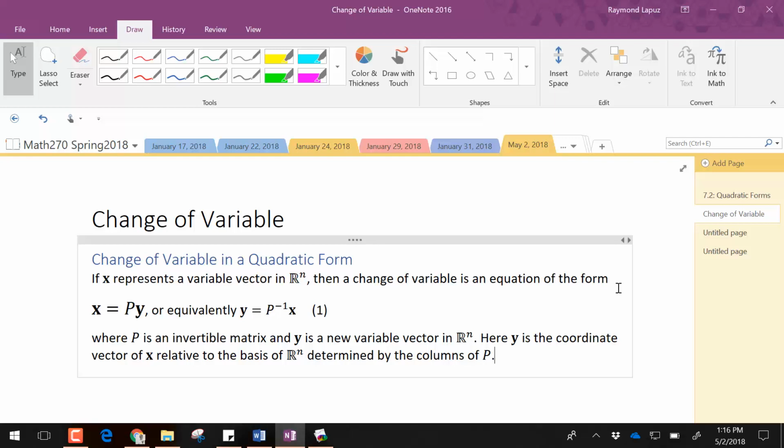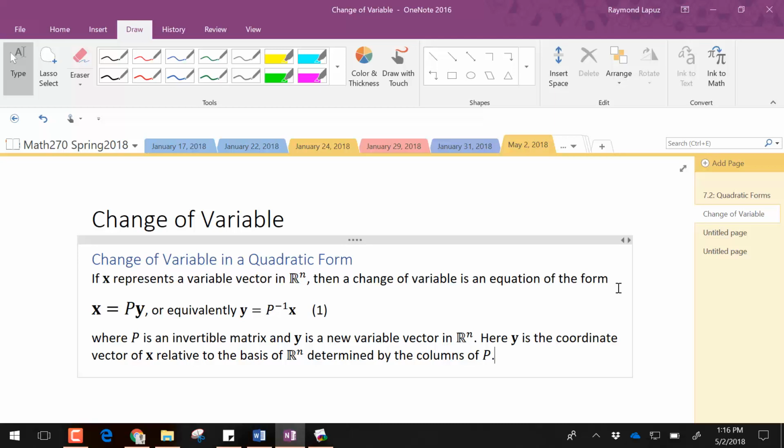We want to transform the variable from x to y, and to do that we're going to use a transformation matrix. The transformation matrix P has to be invertible. So where are we going to find that matrix P? It turns out that we're going to find P by finding the diagonalization of A. Remember, when we diagonalize any matrix, we need to come up with an invertible matrix, and multiply the matrix and then the inverse of that matrix on either side of the diagonal.